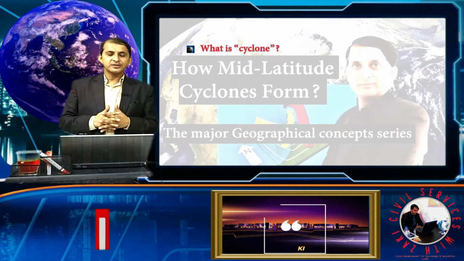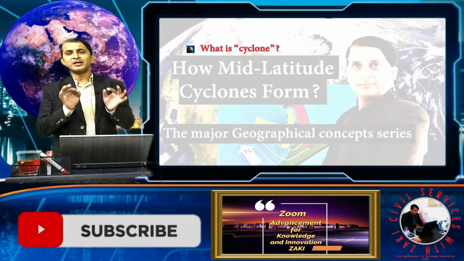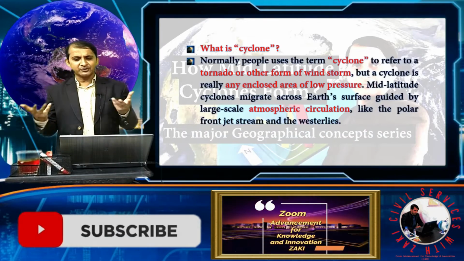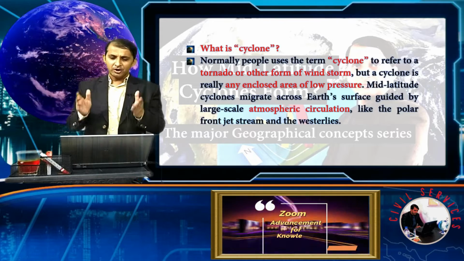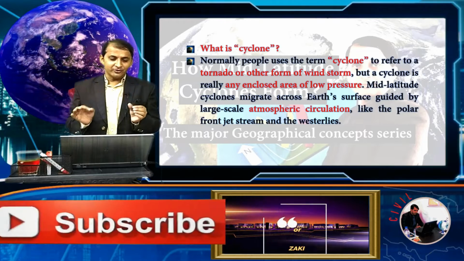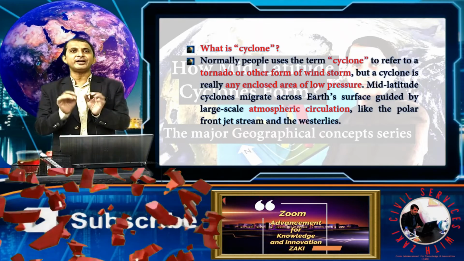So first we know what a cyclone is. Common people normally use the term cyclone to refer to a tornado or other form of wind storm, but a cyclone is really any enclosed area of low pressure.